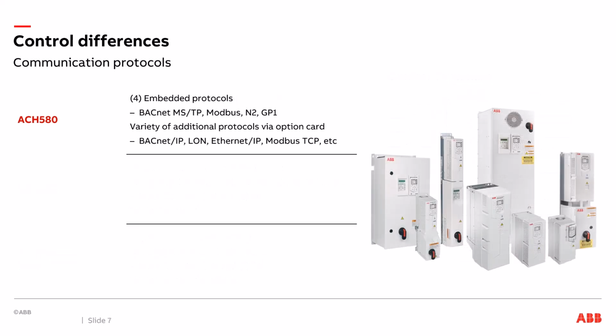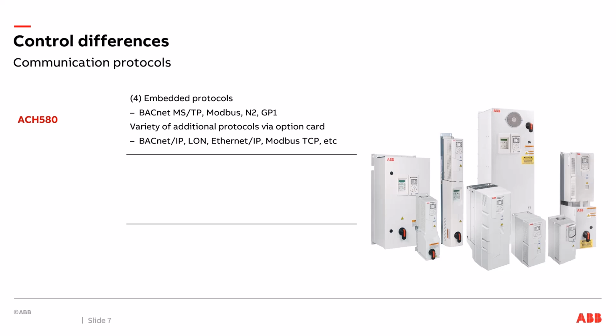With the communication protocols, the ACH580 will give you 4 embedded protocols. So you've got your typical BACnet MSTP, Modbus, N2, and GP1, General Protocol 1, which happens to work with the Siemens FLN networks. If you have a protocol different than one of those 4, there's an option card slot in the ACH580.